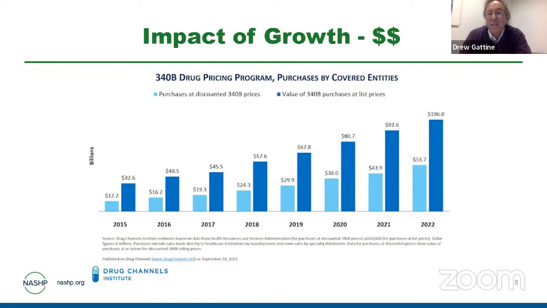And now, if you go into 2022, $53 billion of pharmaceutical products are being purchased with the 340B discounts. It has just become a very, very big program, one of the biggest pharmacy programs in the country, which again is why I think state policymakers and federal policymakers are paying so much attention to it now.